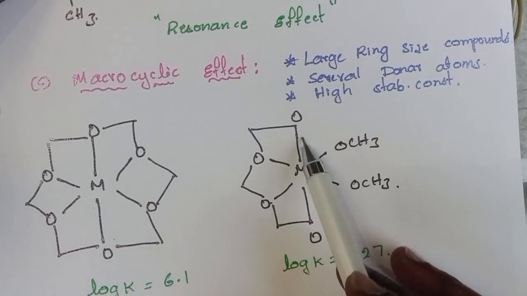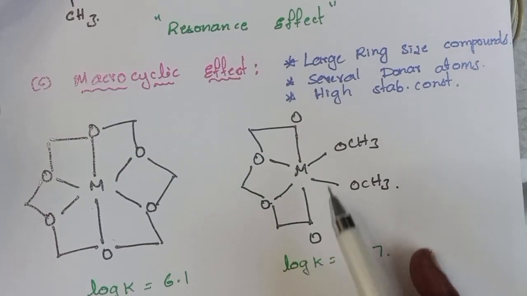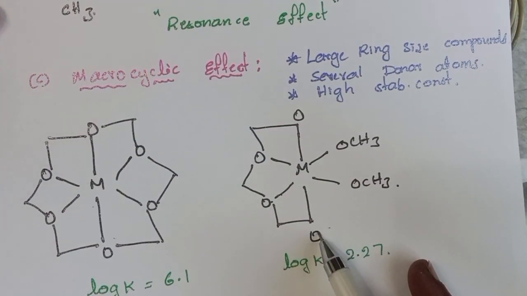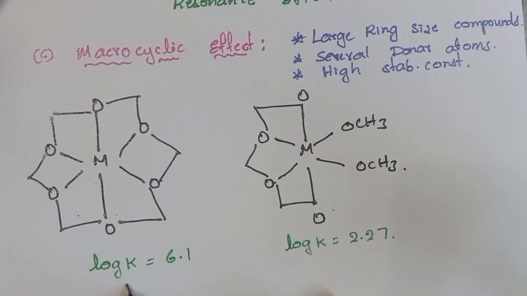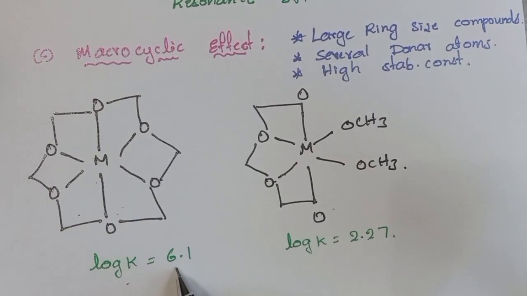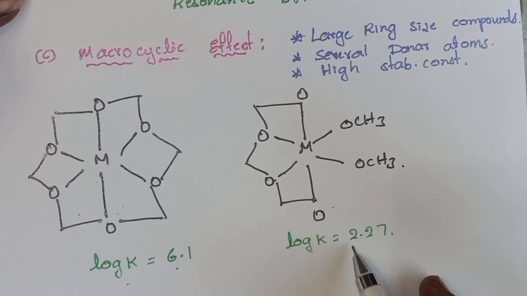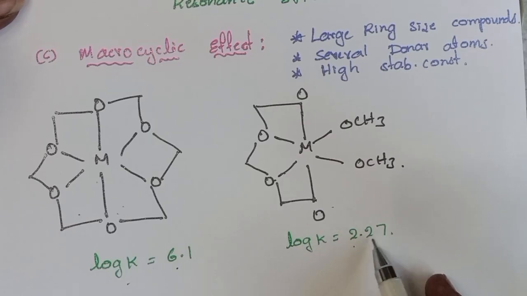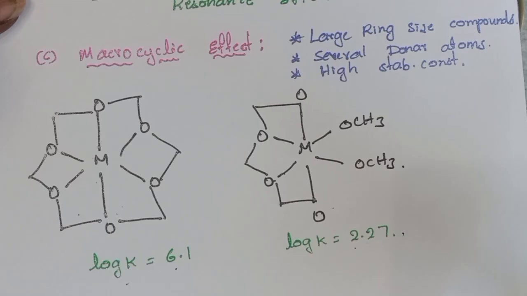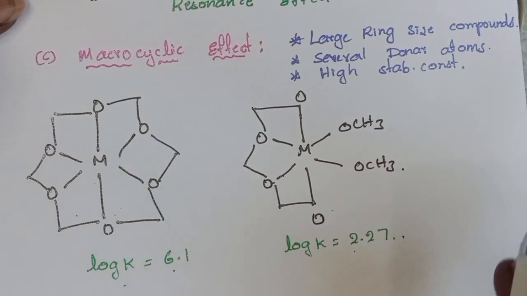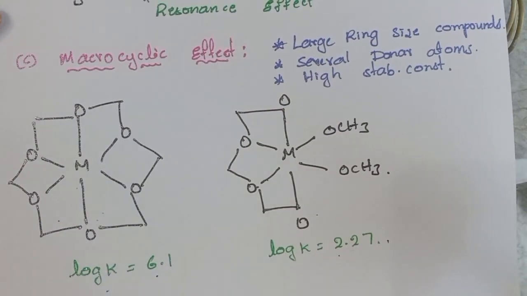If you see here, it is coordinated with 4 donor atoms. Here 6 donor atoms, right? So the stability constant of this complex is 6.1 and the stability constant of this coordinated complex is 2.27. Therefore, the macrocyclic ring will form more stable complexes.